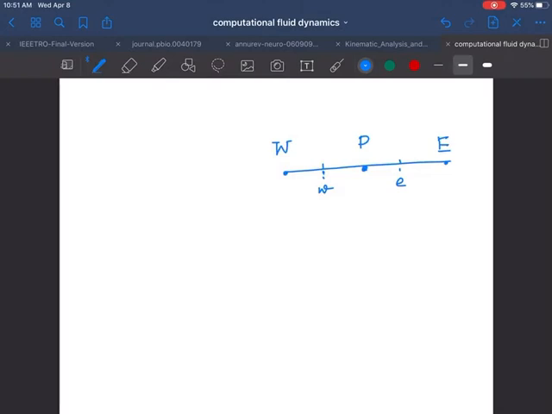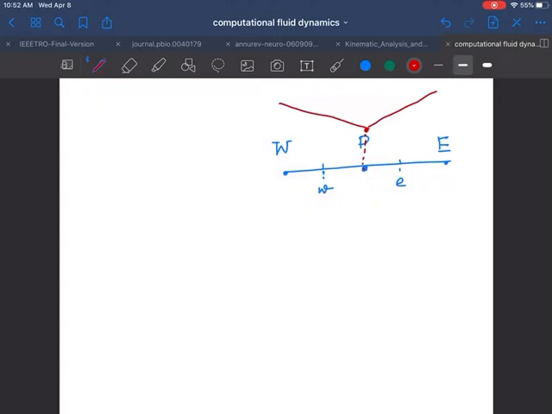We can choose a continuous function like this, so we assume that my temperature at P is continuous here, piecewise continuous rather.